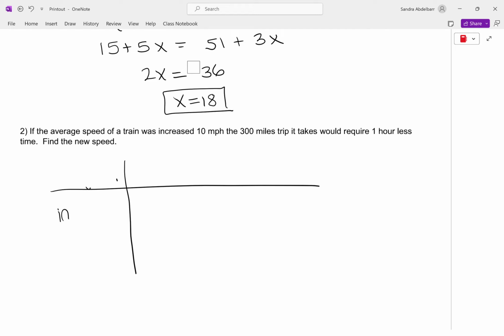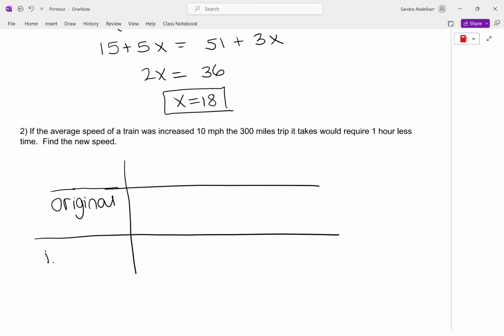Oops, that's not up there, sorry. If the average speed of a train was increased 10 miles per hour, the 300-mile trip would require 1 hour less time.